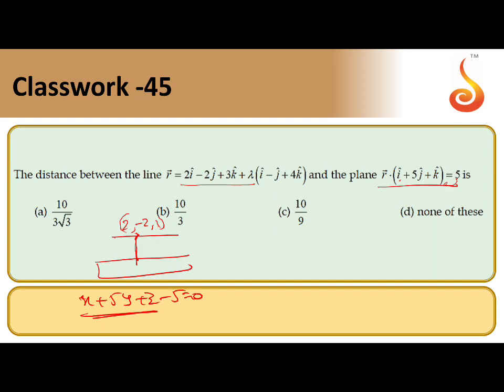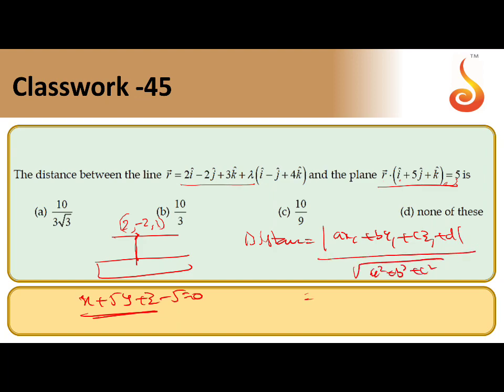So we have a plane and a point. The perpendicular distance formula is modulus of (ax1 plus by1 plus cz1 plus d) divided by the root of a squared plus b squared plus c squared. Here that is x1 plus 5y1 plus z1 minus 5 over root of 1 plus 25 plus 1. The point is 2, minus 1, 1. I will solve it on the next page so you can get a proper idea of the solution.